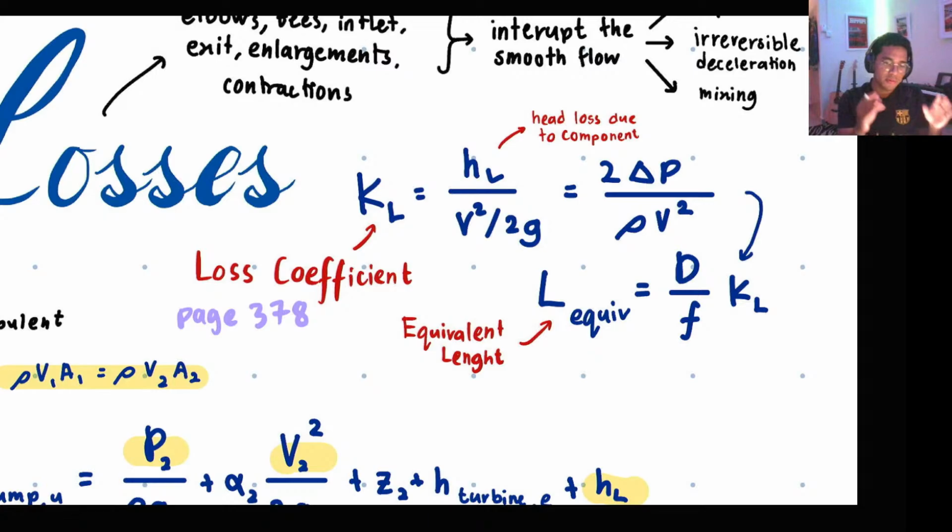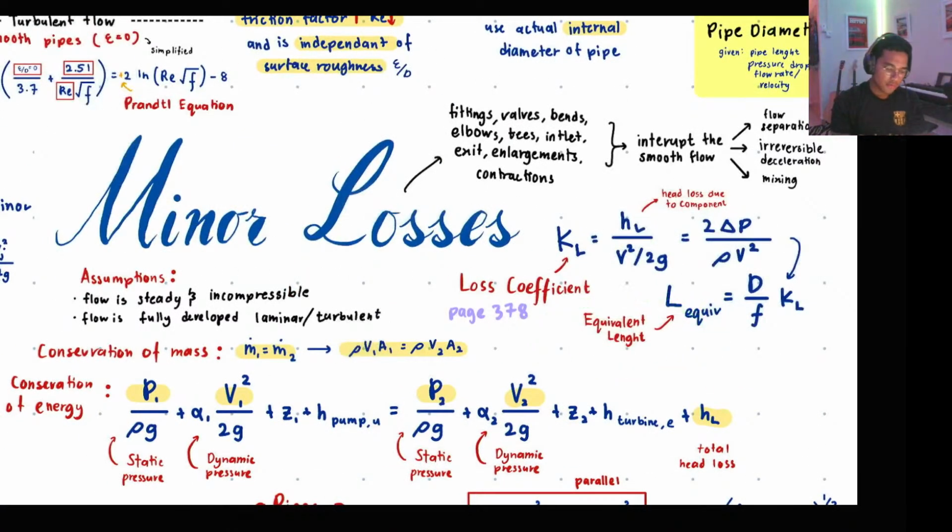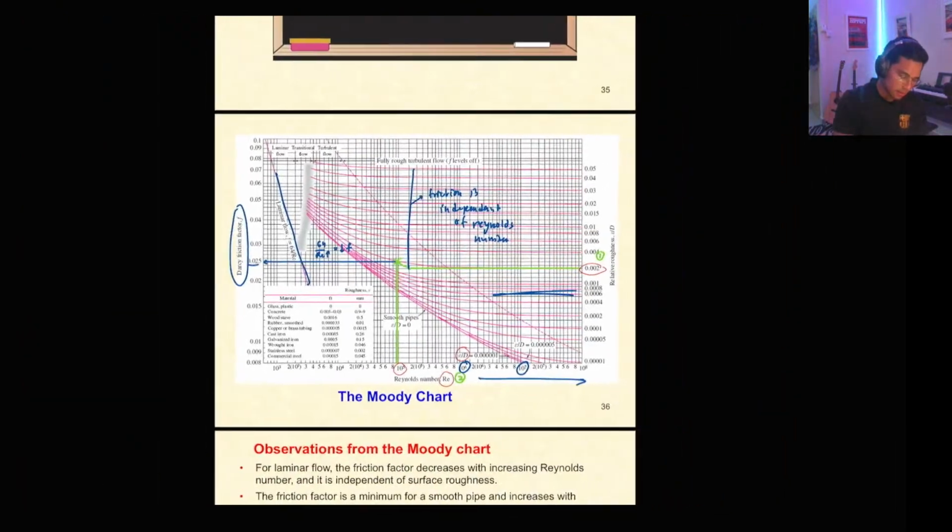The pressure drop will also equal the pressure drop from a length of pipe due to the normal viscous effects. That is what the equivalent length represents: the diameter over the friction factor times the loss coefficient.